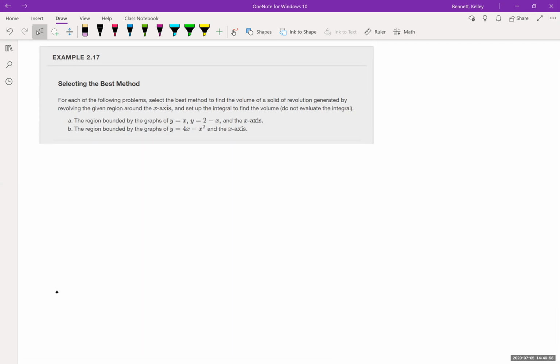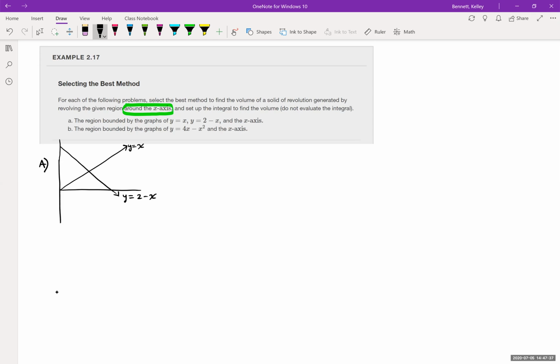So for the first one, we have the region bounded by y equals x, y equals 2 minus x, and the x-axis. And by the way, these are all going to be about the x-axis. So this is y equals x, and this is y equals 2 minus x.